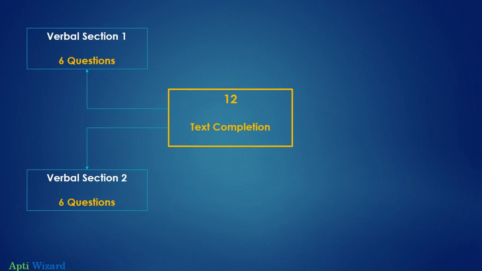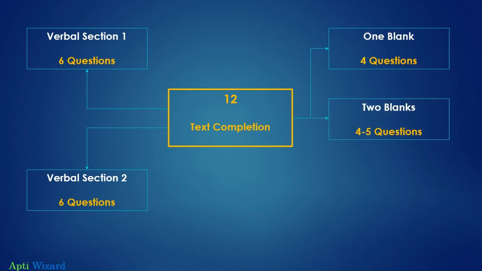If we talk about the formats of text completion questions that we learned in the previous lecture, you will get a total of 4 questions of 1 blank type, 4 to 5 questions containing 2 blanks, and 3 to 4 questions of 3 blanks. So the number of questions from 1 blank type is fixed.